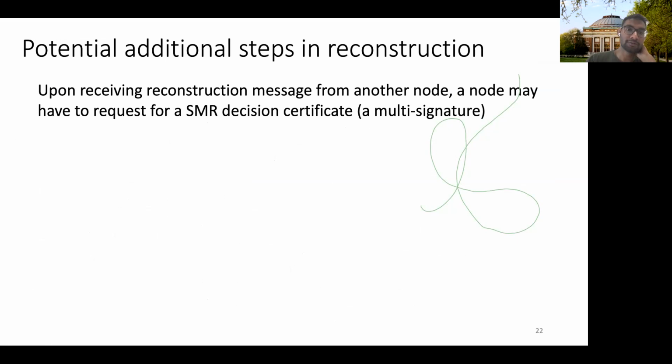But if a different honest node receives a reconstruction message, which is basically a decryption of a share, but did not receive the state machine replication decision certificate, which shows whether the broadcast is terminated or not, it will ask the sender of the reconstruction message, hey, can you give me the state machine replication decision certificate? Because we crucially rely on the fact that each honest node should start the reconstruction only upon observing that the state machine replication has broadcasted the root. That's a crucial property to ensure bias resistance.